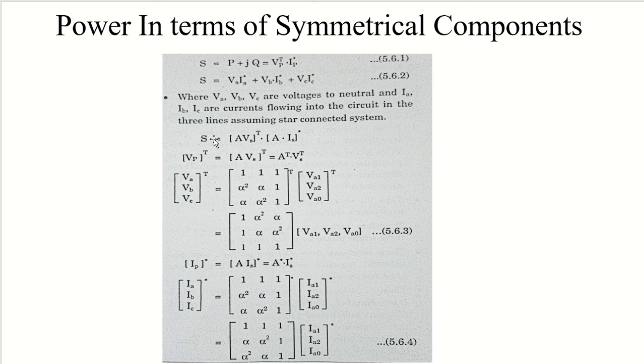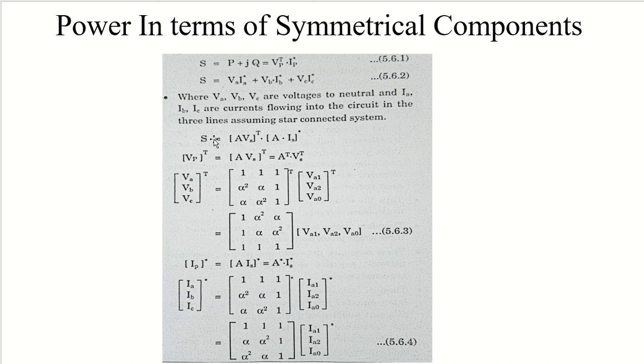Now let's put the values of all three matrices in this equation. We know the value of Vp from the last lecture. Vp is equal to Va, Vb, Vc, and we are taking the transpose of it. We came to know about the value of A in the previous lecture.